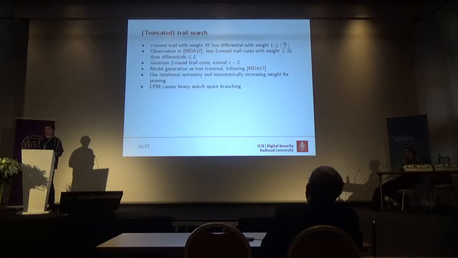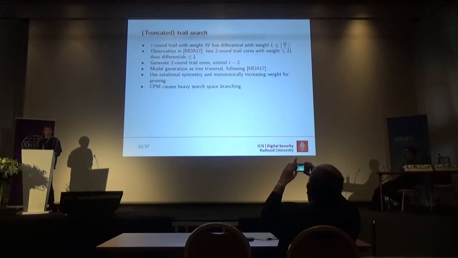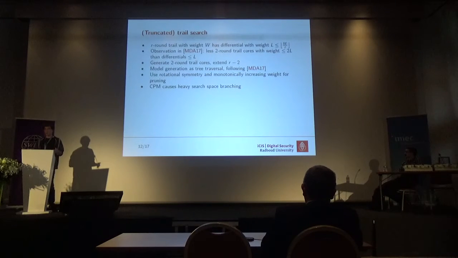But the column parity mixer itself now causes a lot of branching if we extend these trails, and they did not have that a lot. So some interesting differences between, on the one hand, this bitwise weak alignment trail search and our truncated trail search on the strong alignment.